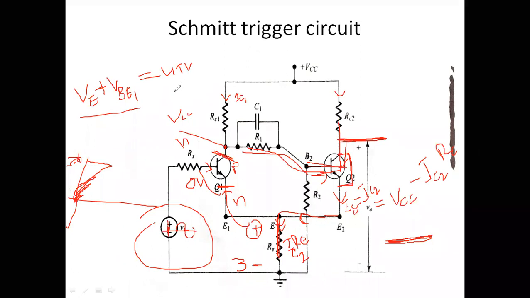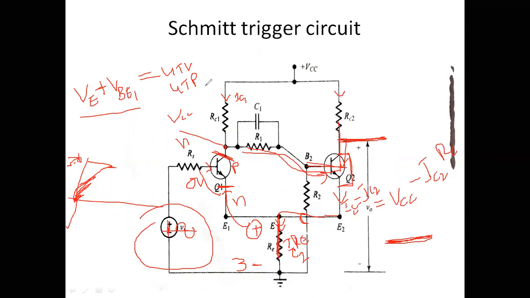Or simply you can take this point as the upper threshold point, UTP. The voltage at the upper threshold point is nothing but the upper threshold voltage.